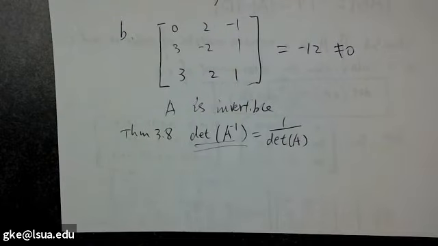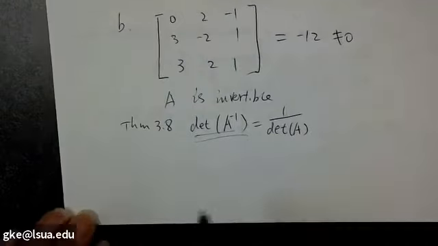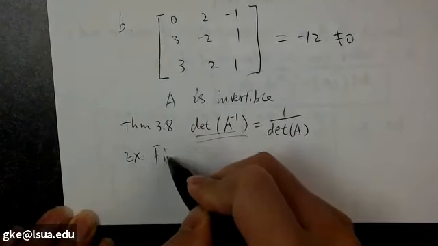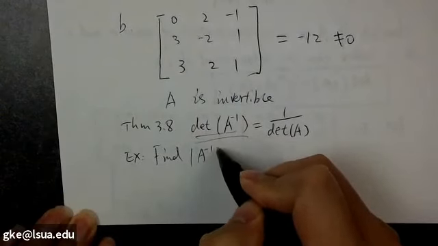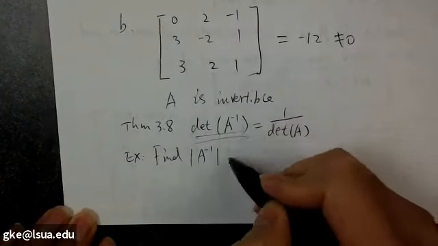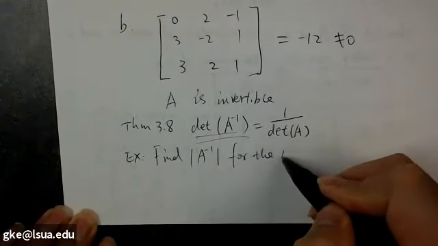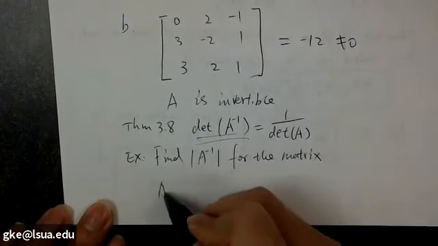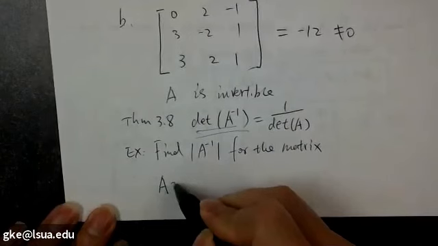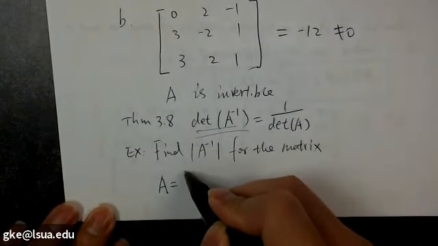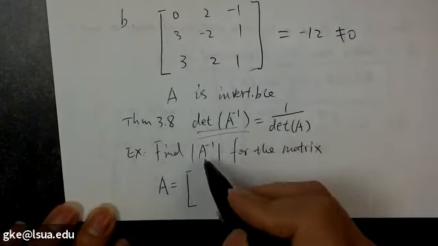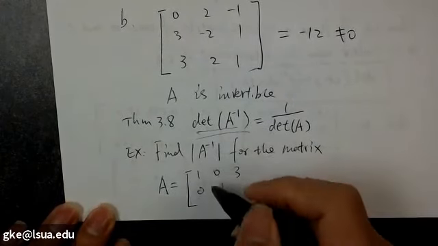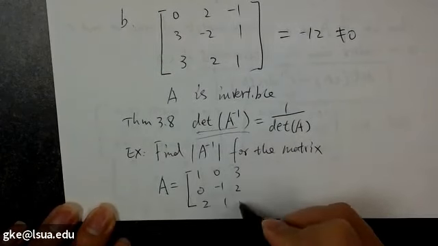Now, I want you to find the determinant of A inverse for the matrix A equals [1, 0, 3; 0, -1, 2; 2, 1, 0].